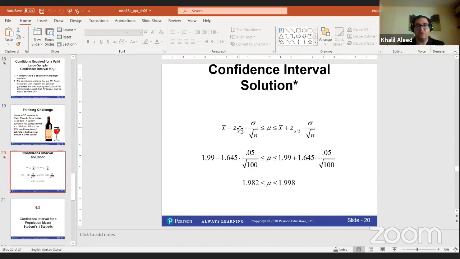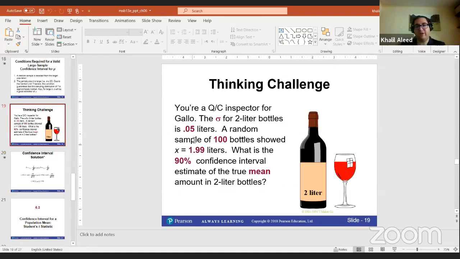Z alpha over 2: our alpha here is 10%. We said the confidence level is 90%, that means we have a 10% alpha, meaning 10% we might be wrong. This 10% could be 5% on the left and 5% on the right.